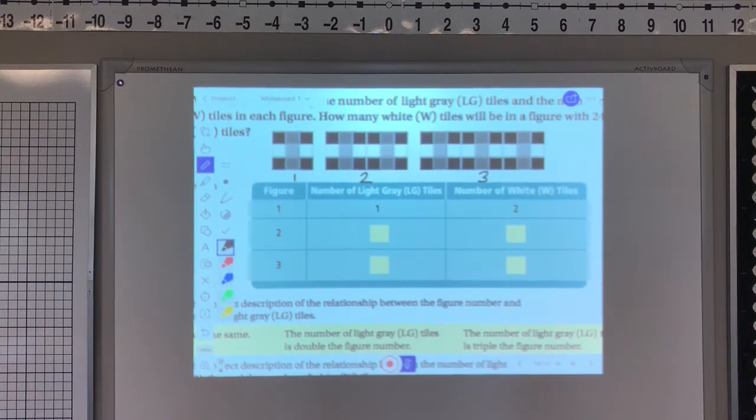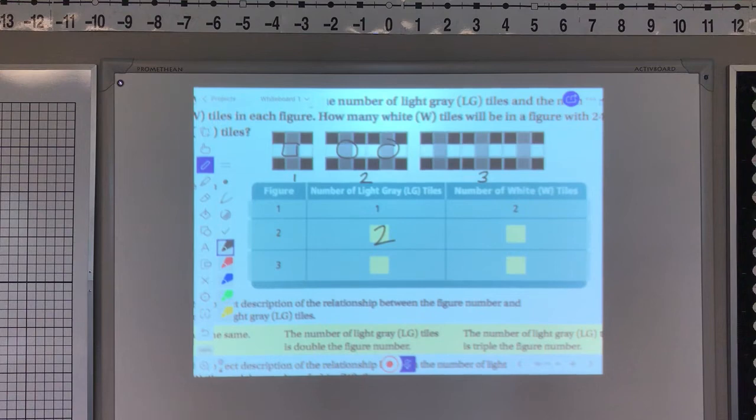In figure number 1, I have 1 light gray tile right there in the center. Right there is the one we're talking about. And on the sides of that, I have 2 white tiles. In the second figure, I have 2 gray tiles, one in the middle of each of the squares.